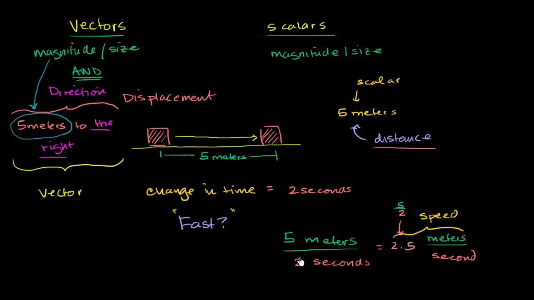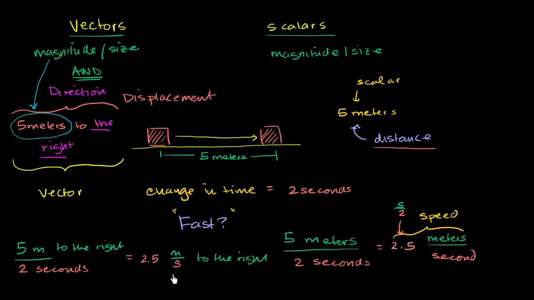Now, if we say it went 5 meters to the right in 2 seconds, then what do we get? We get, once again, 2.5 meters per second to the right.